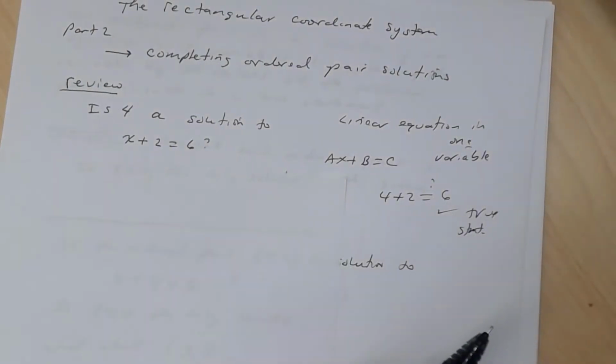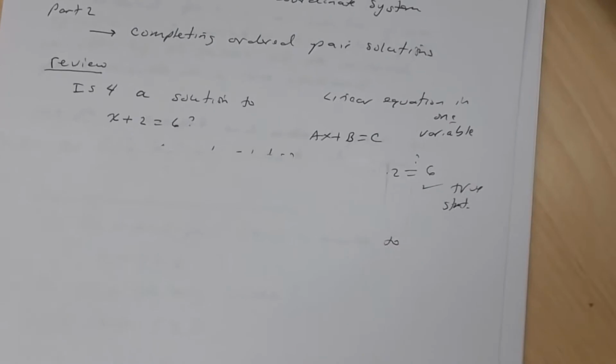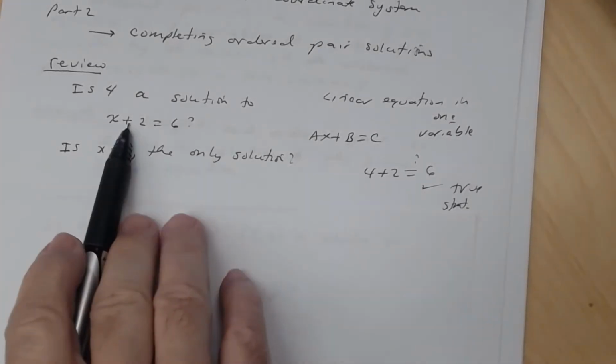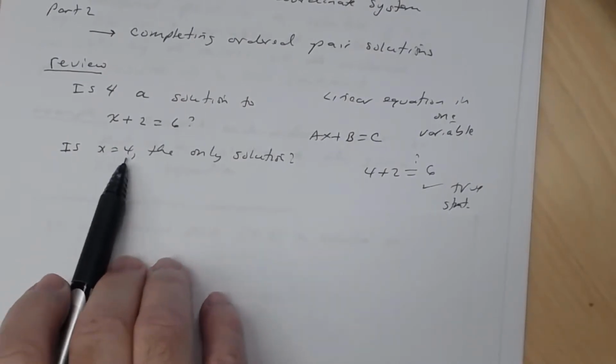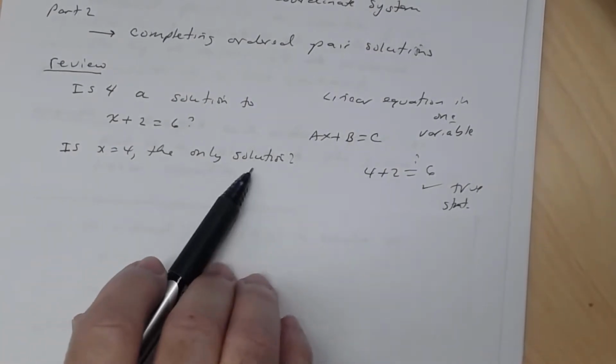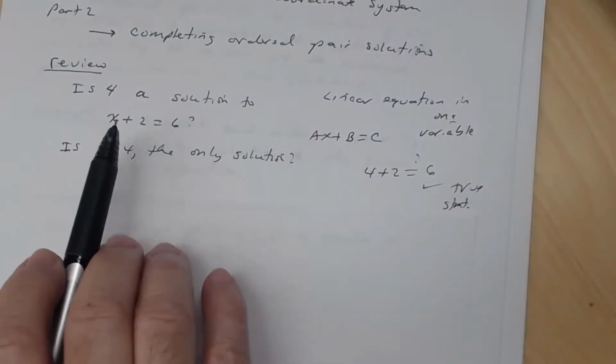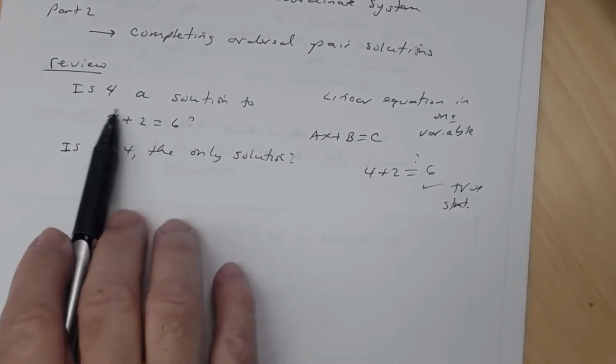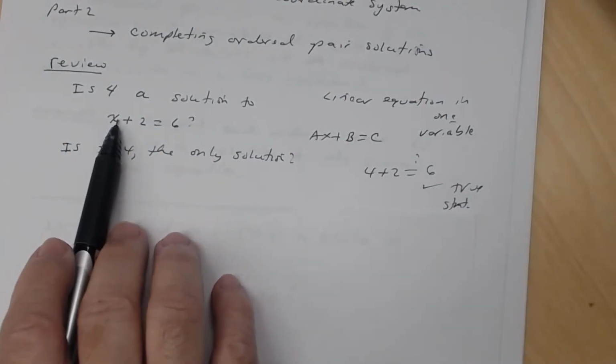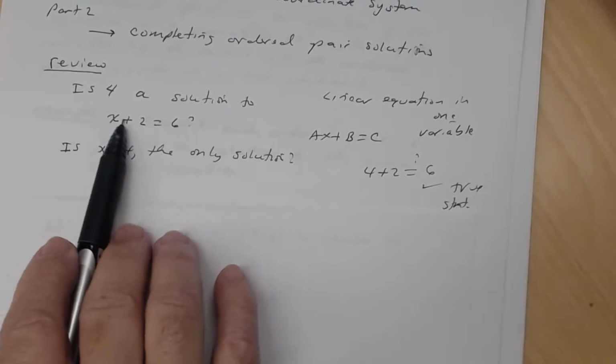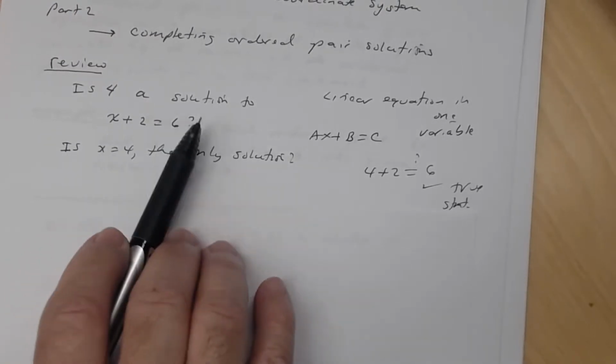Now here's the other question that we dealt with before. In this particular linear equation, is x equal 4 the only solution? If you look at this, what real numbers will make this side equal to 6?